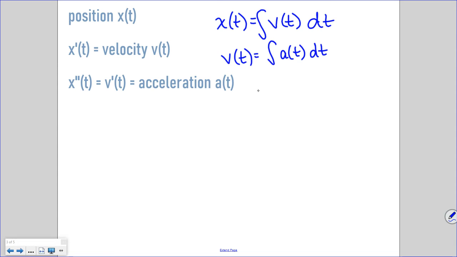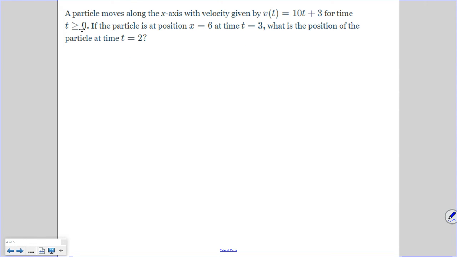So keeping that in mind, let's look at our first example. A particle moves along the x-axis with velocity given by v of t equals 10t plus 3 for time t greater than or equal to 0. If the particle is at position x equals 6 at time t equals 3, what's the position of the particle at time t equals 2?